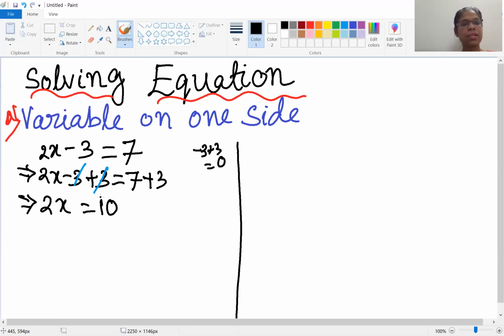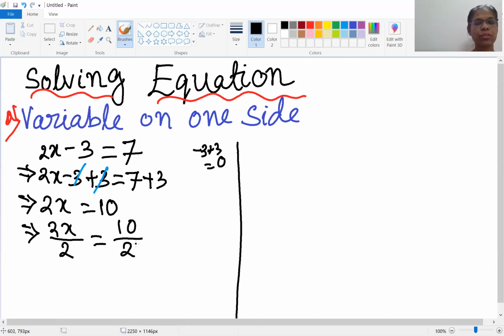Here there is a multiplication of 2 with x. I have to nullify that one also. How can I do that? As this is multiplied, I have to do division so that this 2 can be taken out. Moving further, 2x by 2 is equal to 10 by 2.